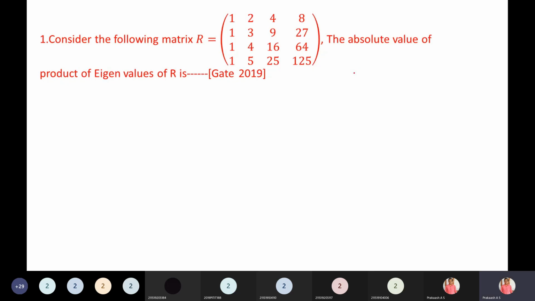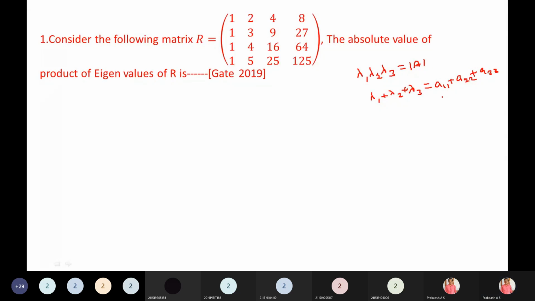So what are the properties? Product of eigenvalues equal to determinant of A, and sum of the eigenvalues is the sum of the main diagonal elements. This is for CSE and IT GATE question 2019.